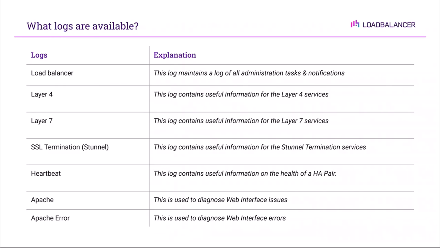Layer 7, likewise, depending on the level of logging that is set, you may record as little as just the state of the health checks or every single HTTP request that has happened. SSL termination, STunnel, that is the log for all your SSL termination services, which will contain a lot of verbose data from OpenSSL about the SSL handshakes happening between the clients and servers.